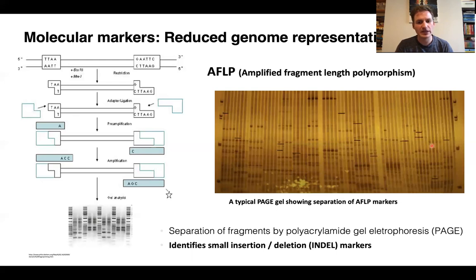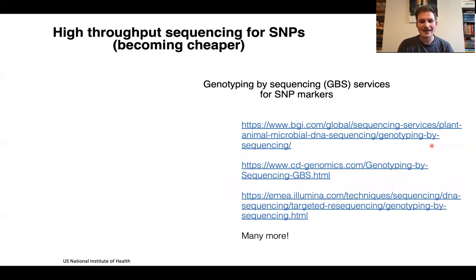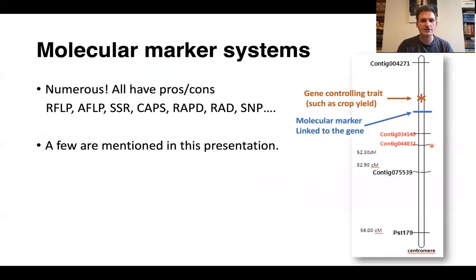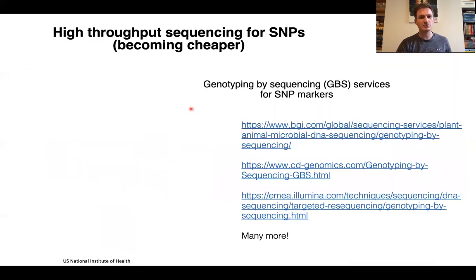Again, it's difficult to analyze, but you get a lot of information for a lower cost. Again, all the marker systems like RFLP, AFLP, SSR, CAPS, all these have pros and cons, which is probably too difficult to go into detail.